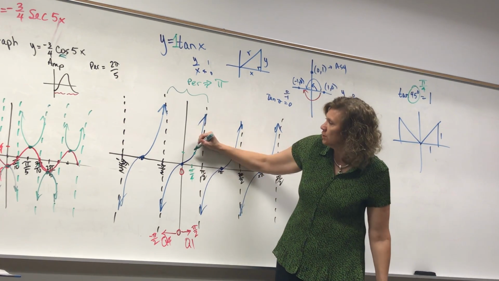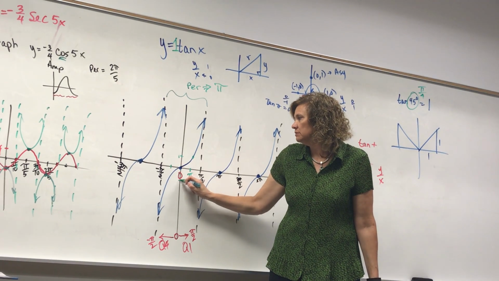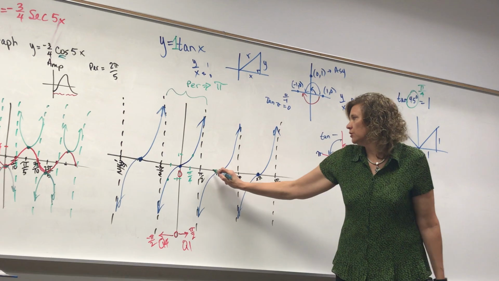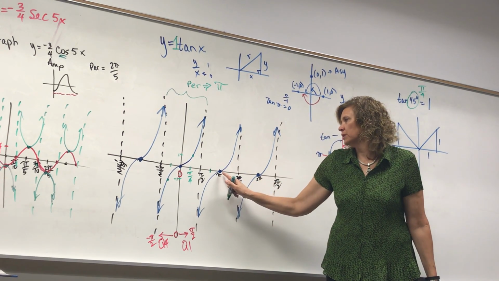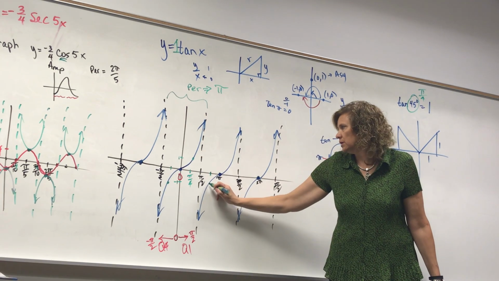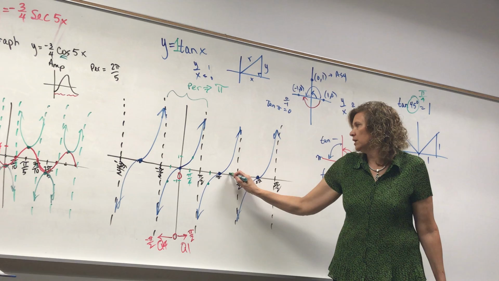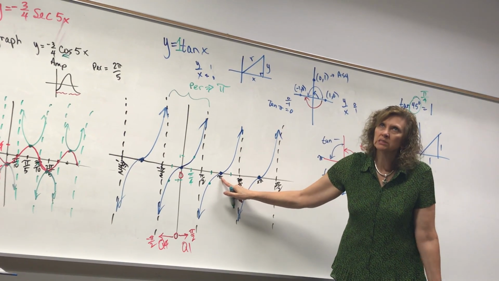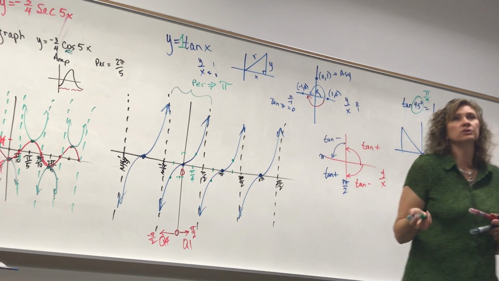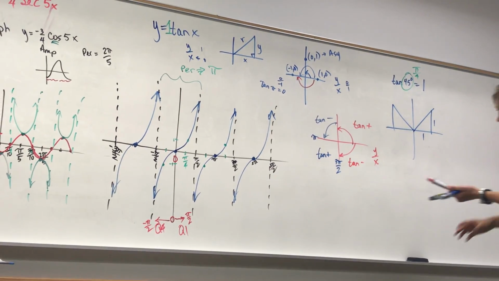So at pi over 4, I'm going to be at 1. And if I go the other direction, I'm going to be at negative 1. So the halfway point between where it crosses and the asymptote is at 1, and the other halfway point between where it crosses the axis and the asymptote is at negative 1. You can utilize those points to help you graph a tangent curve.